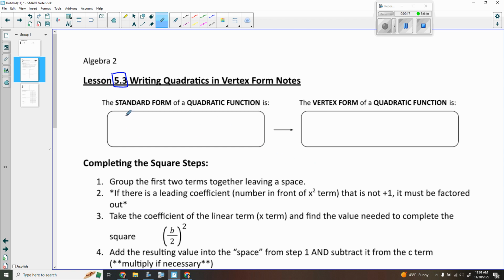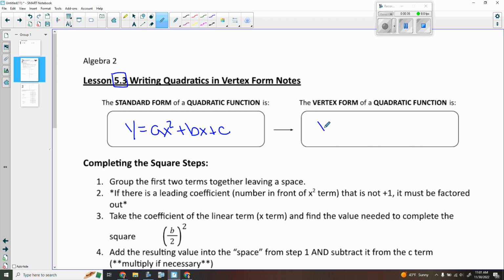Recalling with our quadratic function, the standard form is y equals ax squared plus bx plus c. And then we started to talk about vertex form.